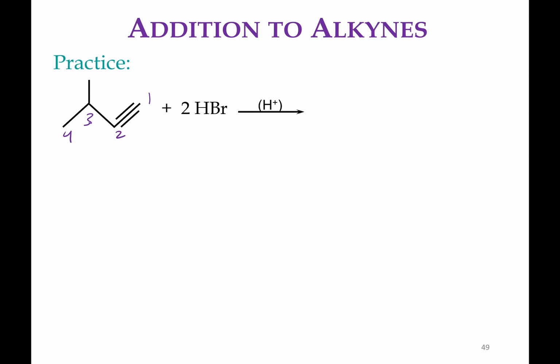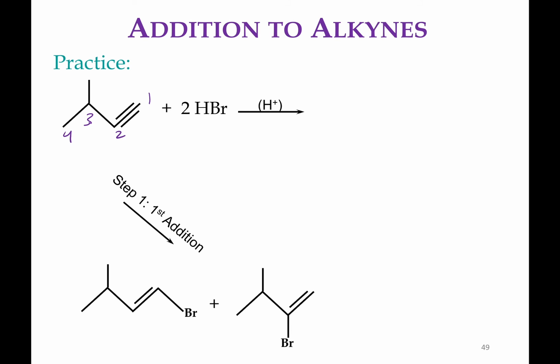All right, so our first reaction, where's the hydrogen going to go? Terminal, carbon number 1, or carbon number 2? You have to ask yourself that. Our first reaction is going to give us these as our two possible products. Which one's major?